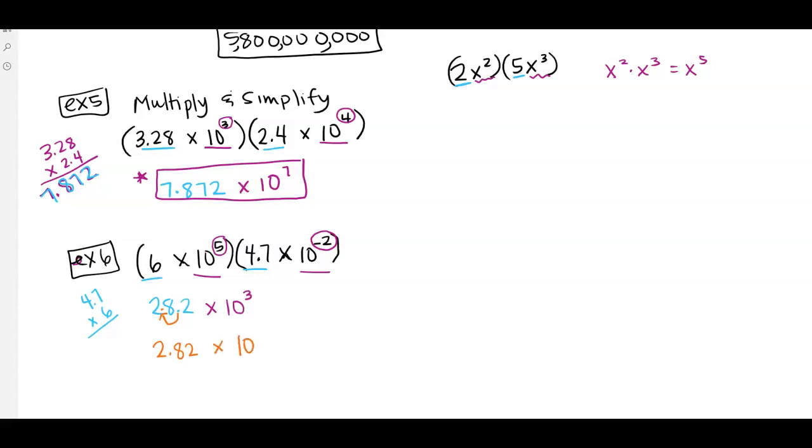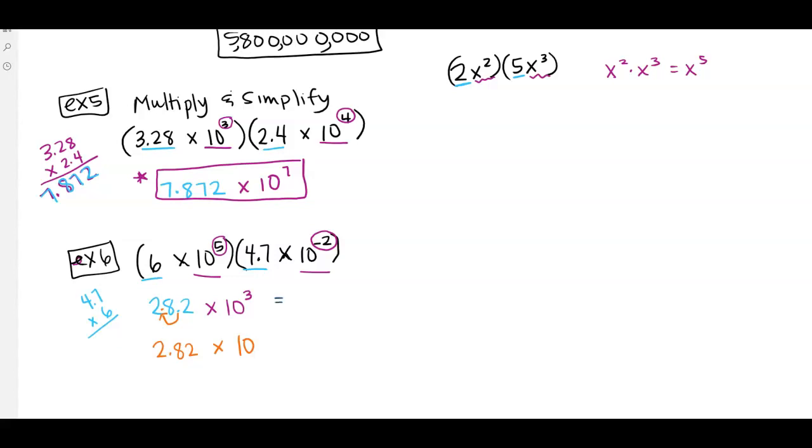And this is sometimes where people get confused. Am I moving it up one? I know I'm moving one place, but is it going up to 4 or is it going down to 2? One way you can think about it is to take the number that we started off with and change that to standard notation.